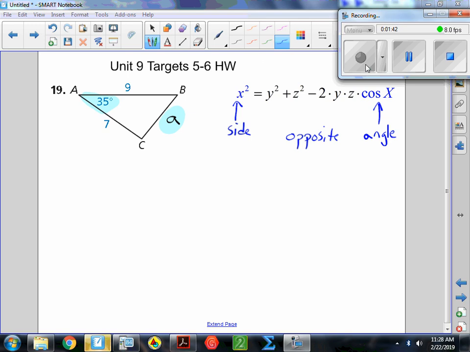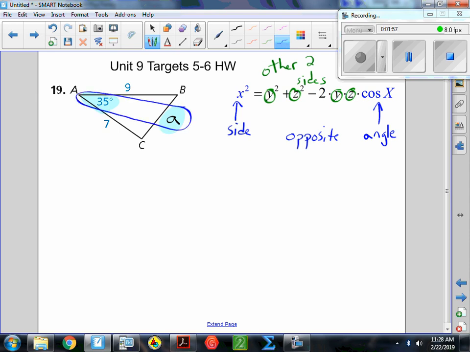So that's the structure. The other two numbers that you see, the y and the z, they'll show up a couple of times. Those are the other two sides that are not in that opposite relationship you're working with. So right now, I'm going to focus on angle A and side A. Those are opposites. I have angle A, so that's why I'm starting there.